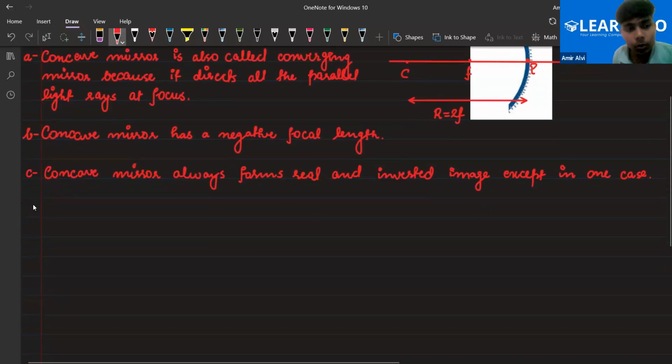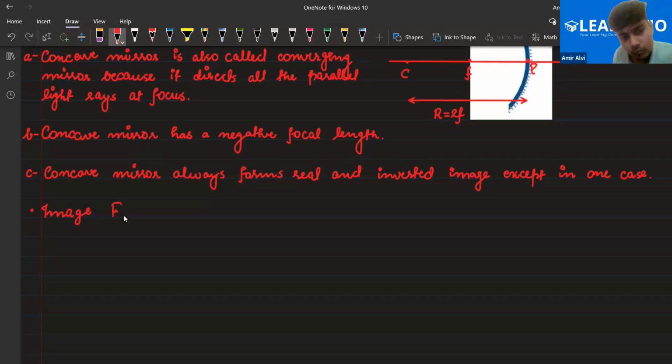Okay. Now let's discuss image formation. Okay, everyone. So image formation of the concave mirror.